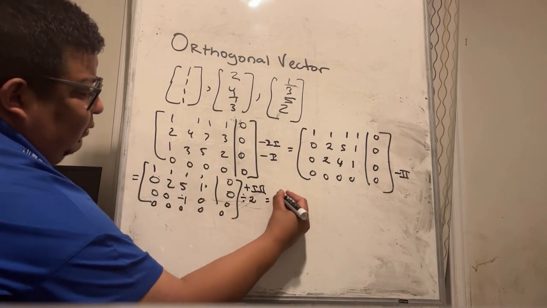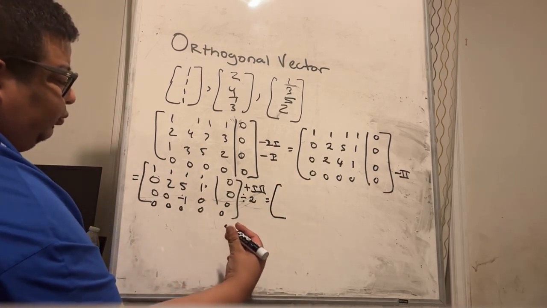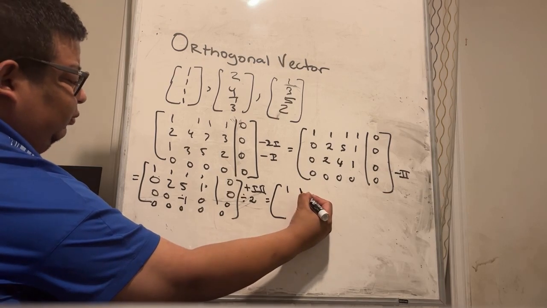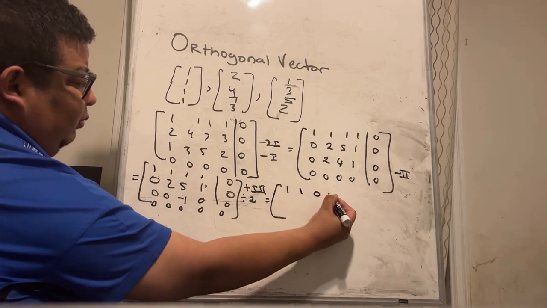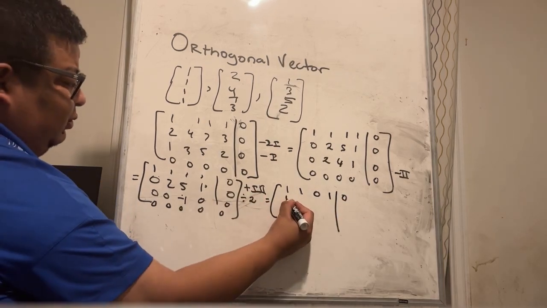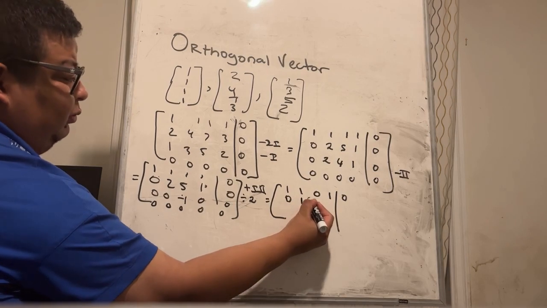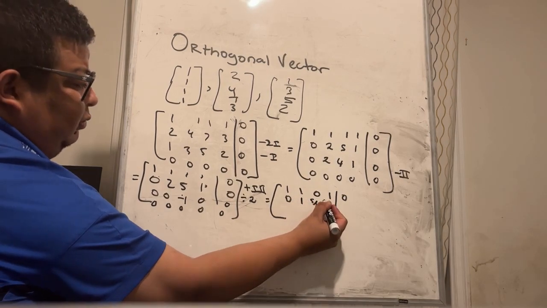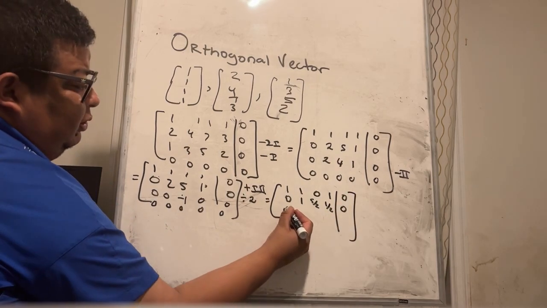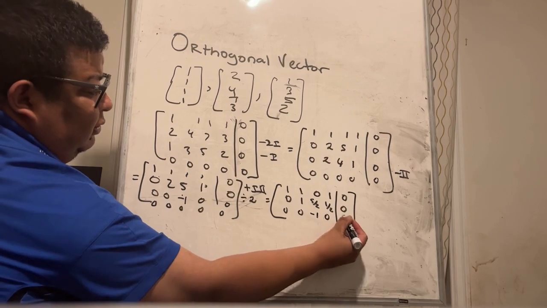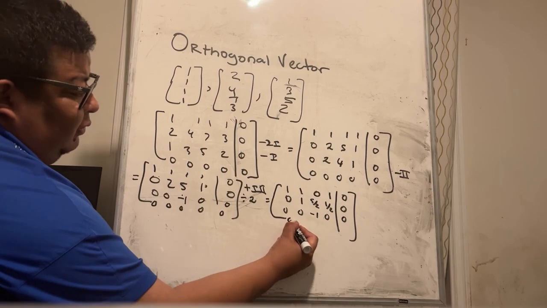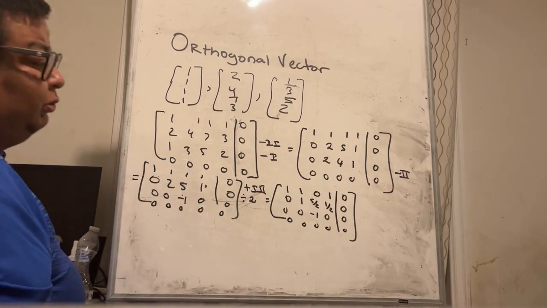So that's going to equal 1 1 0 1 0. Then divide by 2, that's going to be 0 1 5 over 2, 1/2, 0, and then 0 0 negative 1 0 0. Then we have 0 0 0 0 0.